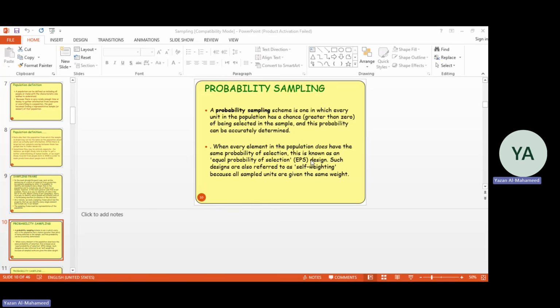So we write the names of the population on slips of paper and put those slips of paper into a container. Following that, we select some slips of paper randomly until the required sample size is fulfilled.